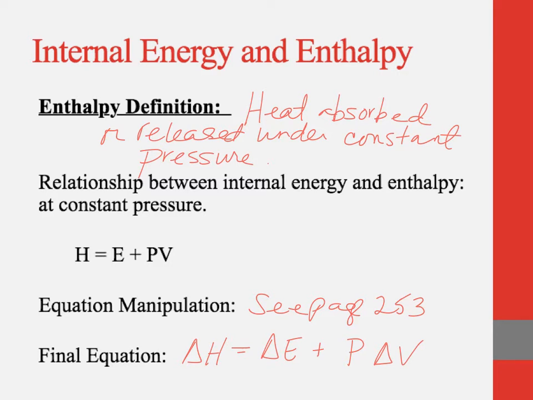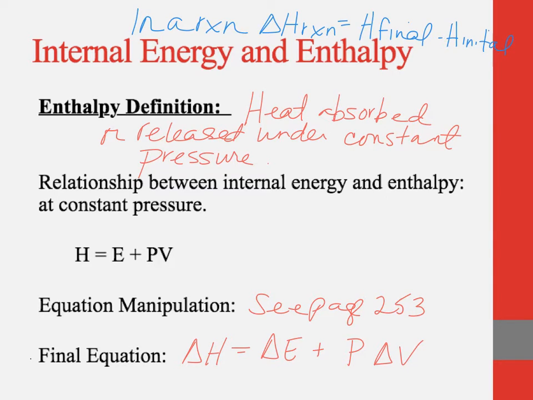Another way that we can look at this, just to introduce something else, is specifically in a reaction, your delta H of your reaction is going to equal the H final minus H initial.